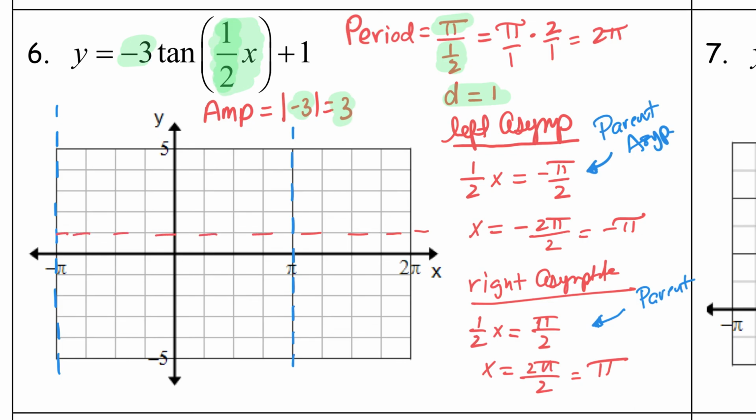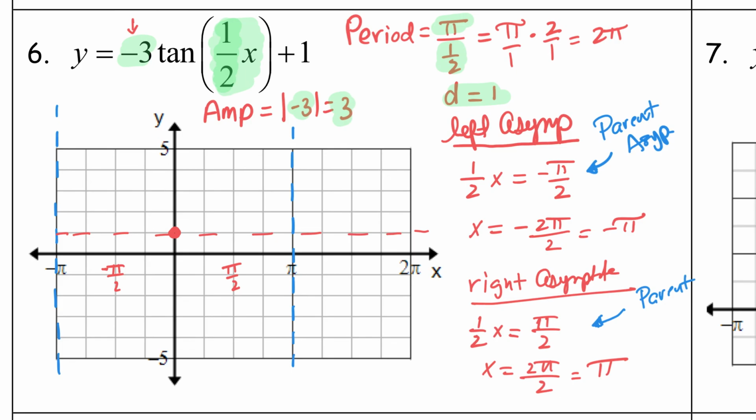So we would have said that tangent at 0 is 0, but we have to go up 1. And since there will be a max and a min in between, from 0 to pi over 2 and over here -pi over 2, we know that it's going to be max and min. The way tangent is, you have a max and then a min, but since it's a negative, there's a reflection.